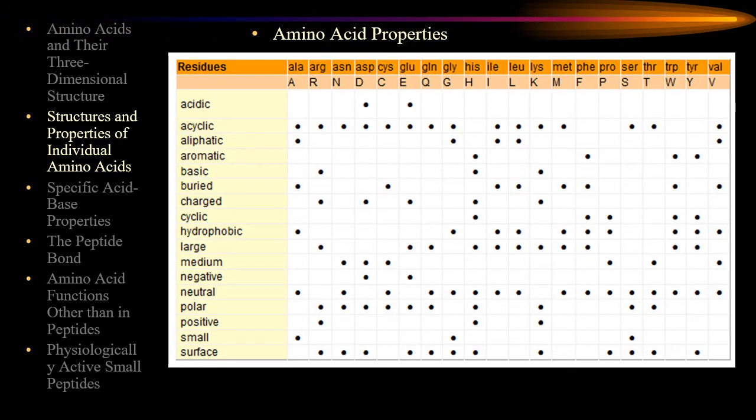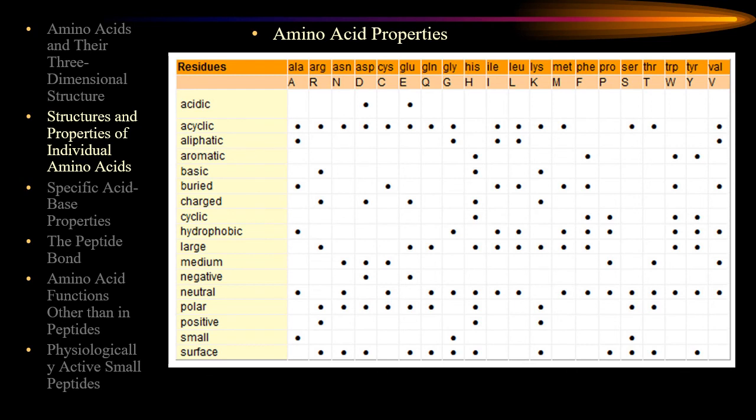So here are other ways to classify the amino acids aside from the four that were previously presented. Sometimes it's not enough to just think of them as simply polar, nonpolar, acidic, or basic. Some residues, which we'll define later, can be called acyclic.